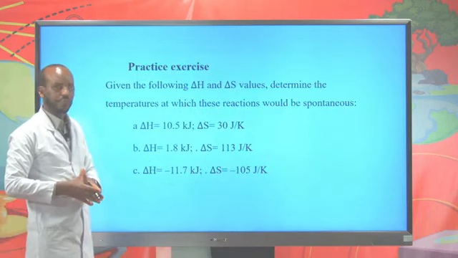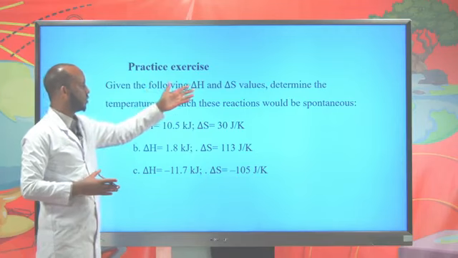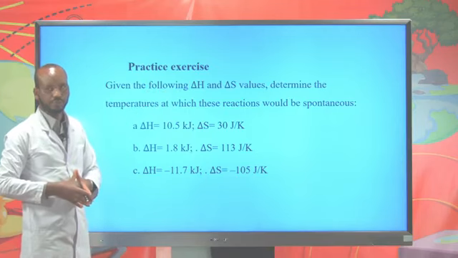Students, let us practice this exercise.